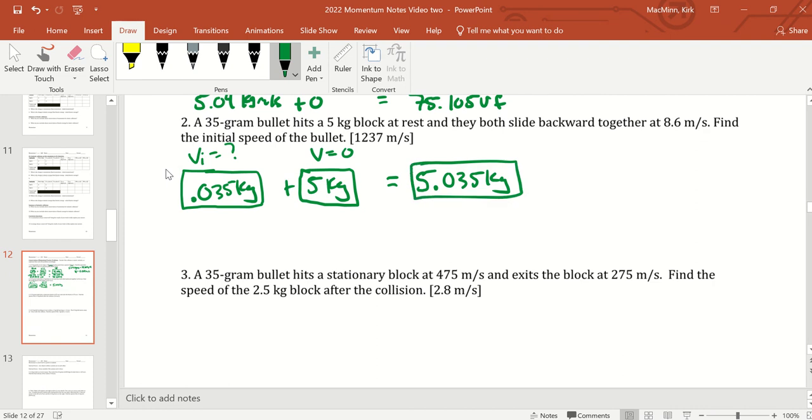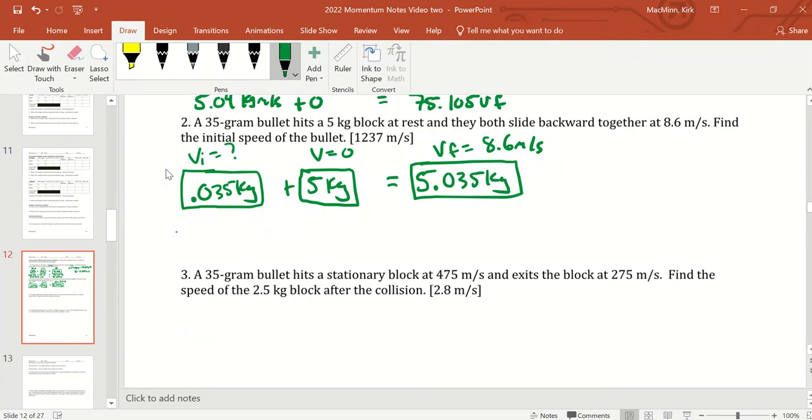And it tells me that they're going to be moving back together at a final velocity of 8.6 meters per second. So our goal is going to be to find the initial speed of the bullet, or the initial velocity. So we're going to set up our equation.